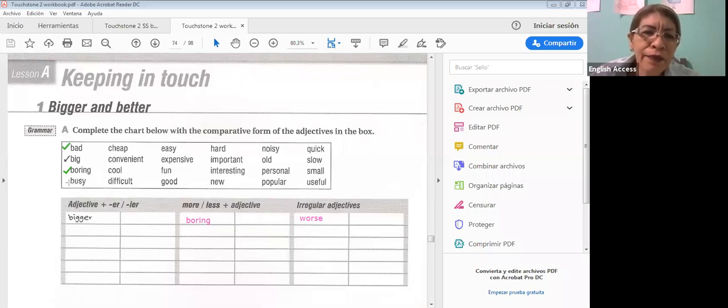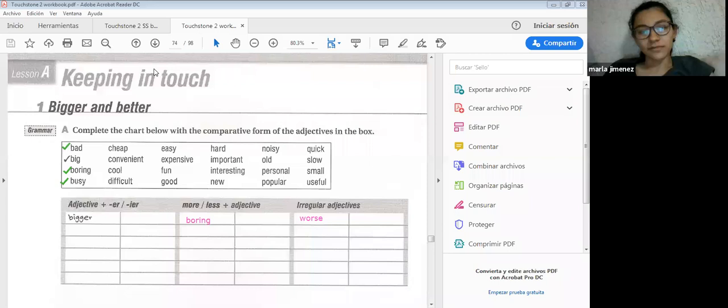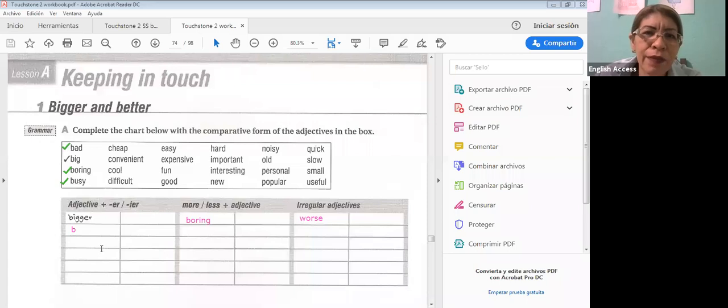Then we have busy. Busier. Which column? 1. Yes.